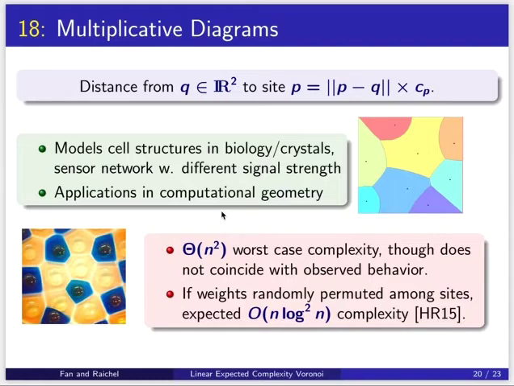That's the original motivation to give different weights to different sets. It has n square, quadratic complexity. However, if the weights are randomly permuted, a previous paper shows that it has expected n log square n complexity.